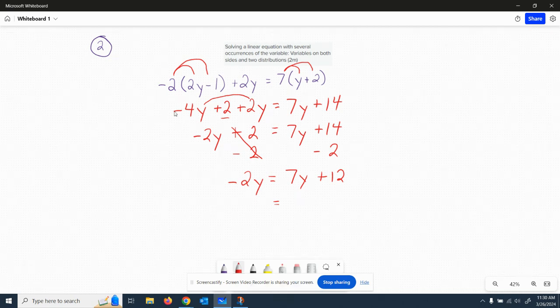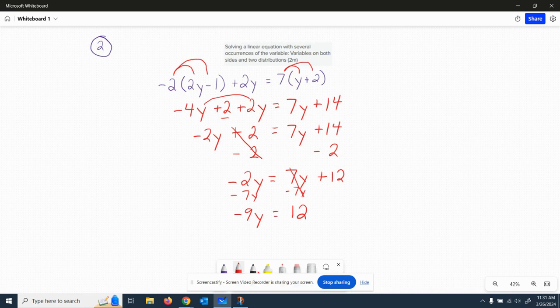All right, I want to subtract 7y from both sides. The 7y goes away. I'm left with 12 on this side and -9y on this side. Let me clean this up a little bit.